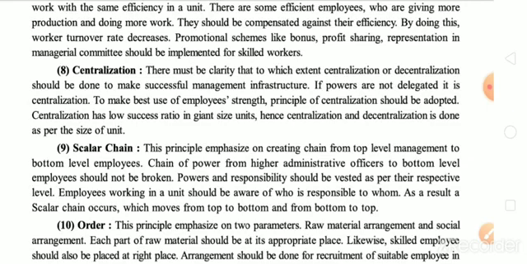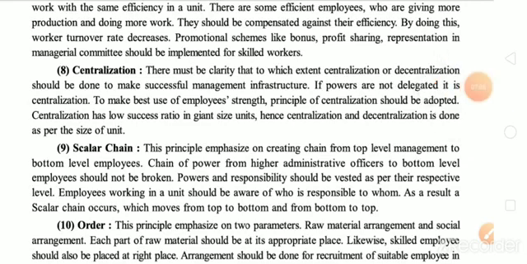I have already mentioned that if the organization is of smaller size, then there should be centralization of power, and if the organization is of giant size or larger, then there should be decentralization.